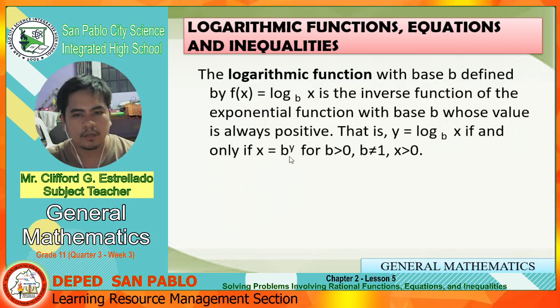From our logarithmic form, y becomes the exponent, so b raised to the y power is equal to x. Meaning from our logarithmic form, we can change it into exponential form and vice versa. From exponential form, we can also change it to logarithmic form.